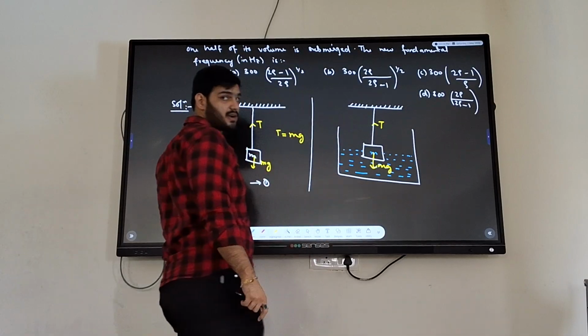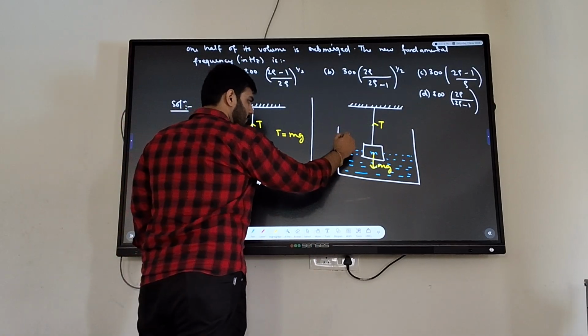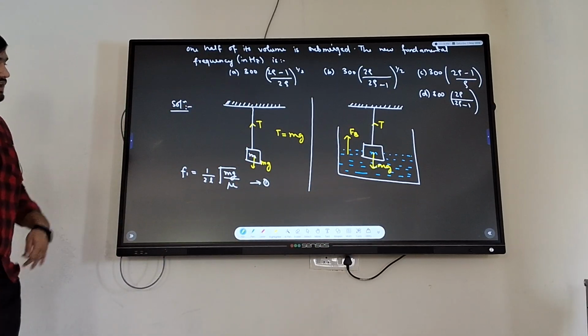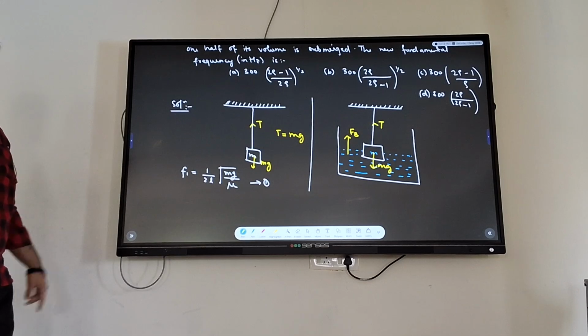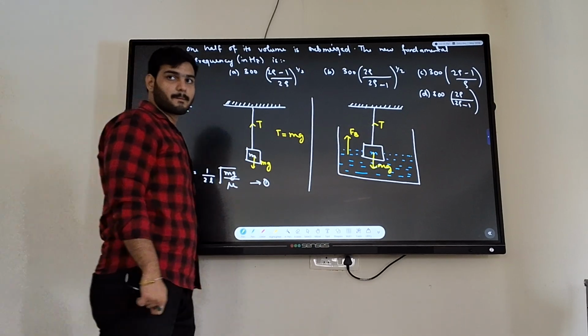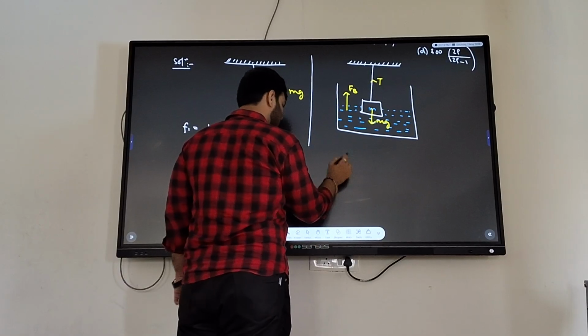Weight acting downwards, and a buoyant force, but in which direction? Upwards. Now what should I write? T equal to mg minus Fb. It should be mg minus Fb.